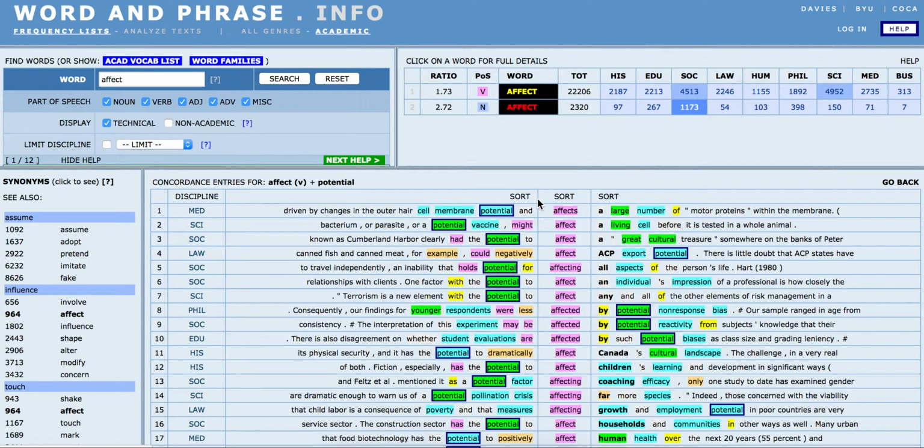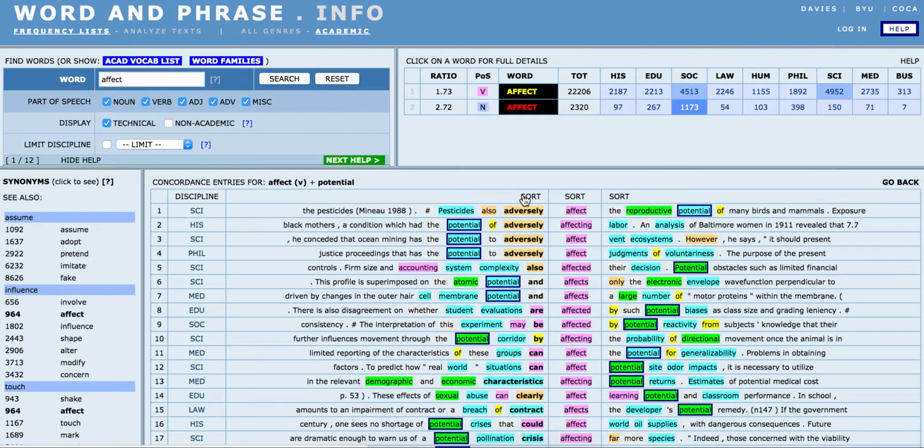Now, if you were interested in what's happening on the left side, we can click on the sort here. Okay, and now you can see the words on the left are in alphabetical order. So we have potential of adversely affecting, potential to adversely affect, so some patterns with potential and affect.